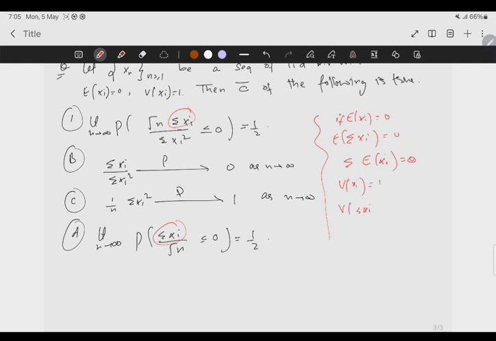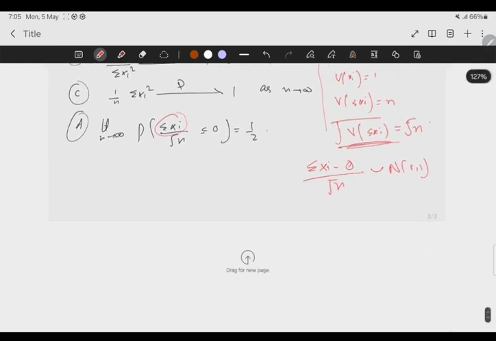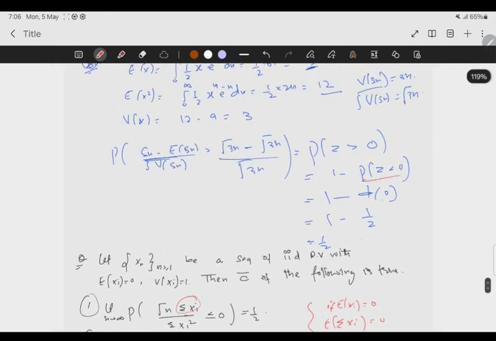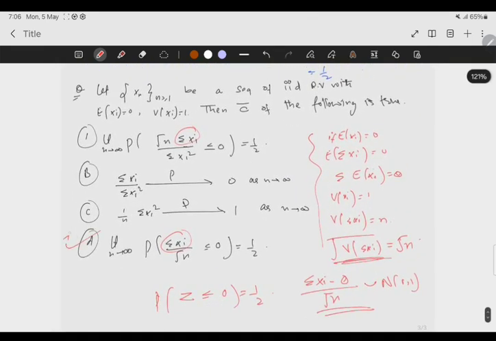So variance of summation Xi will be nothing but n, and the standard deviation of summation Xi is equal to under root n. So from the CLT, summation Xi minus expectation of summation Xi, that is 0, divided by under root n will follow normal 0 comma 1. Clear? So if we see the probability of this, let's suppose this is Z less or equal to 0, which is nothing but 1/2, as you can see, probability Z is less than 0 is 1/2. So this is the true statement.